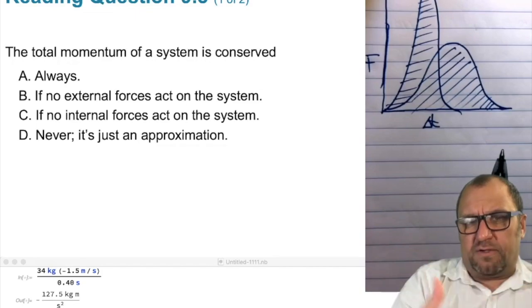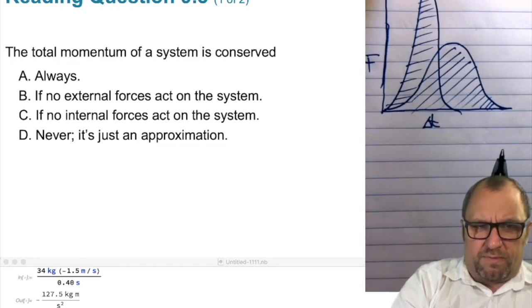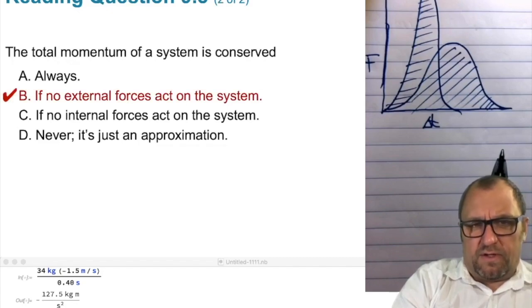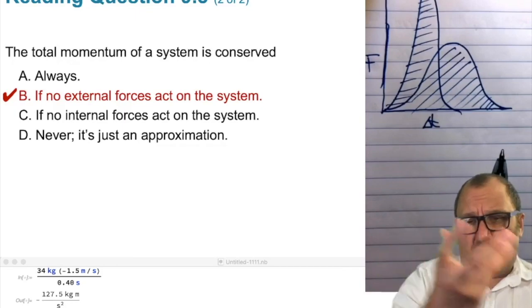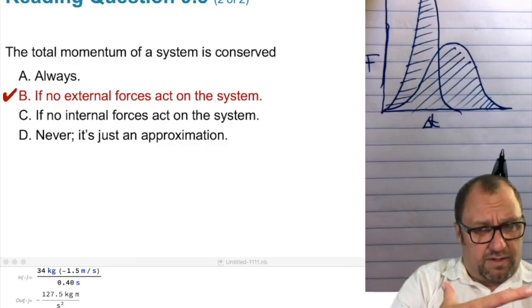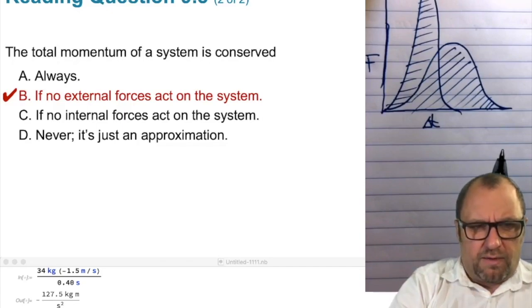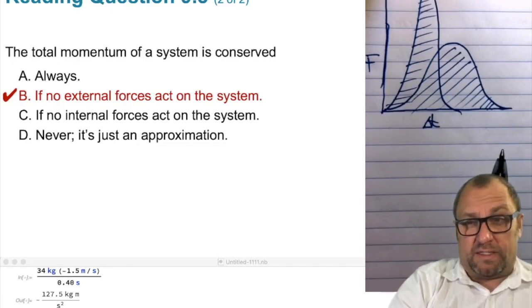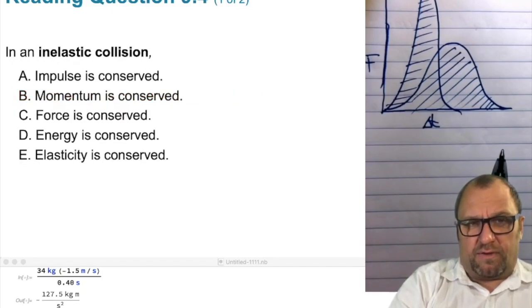But if no external forces act on the system, then momentum is indeed conserved. So wind resistance, things like friction, will affect your system. They'll change the momentum, and so momentum would not be conserved. If it's isolated and you could ignore those, then it's okay. We can treat it as conserved.